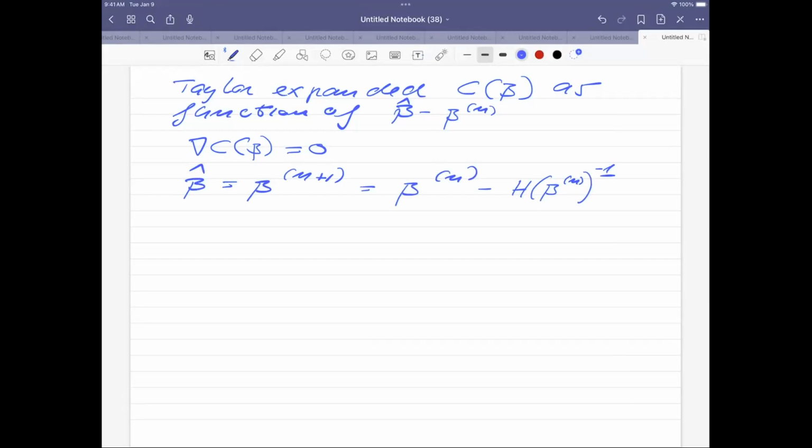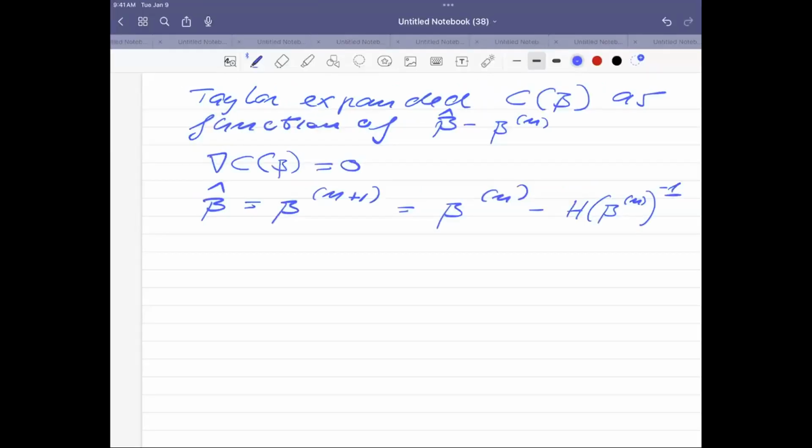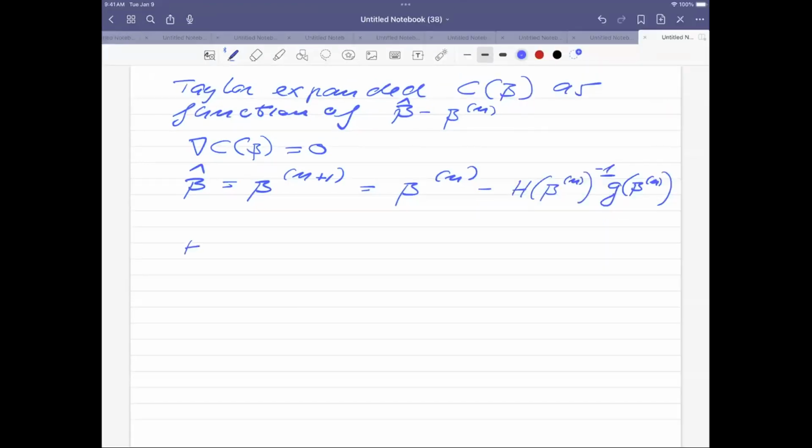We can apply this to what we did with ordinary least squares. And actually the exercise at the end of the material we have deals with us simply implementing this algorithm for a plain polynomial approximation. So this is a general expression, and this is multiplied with a gradient calculated at the value of beta of n here.